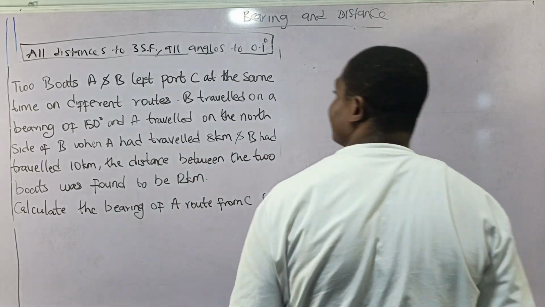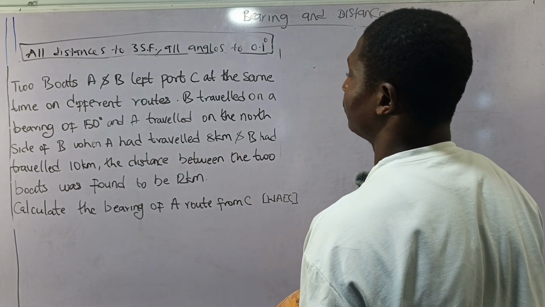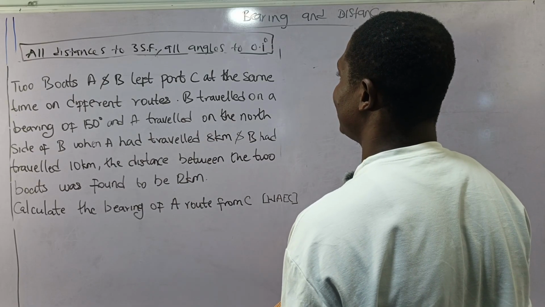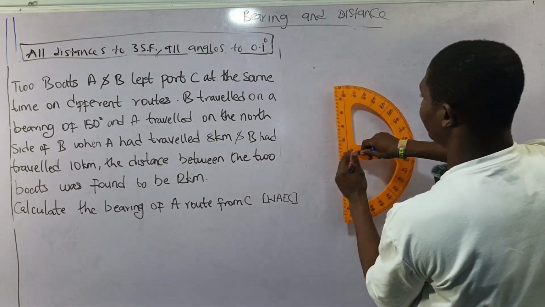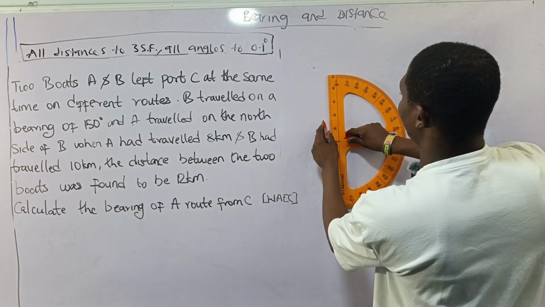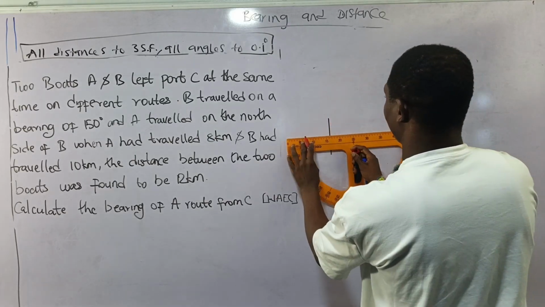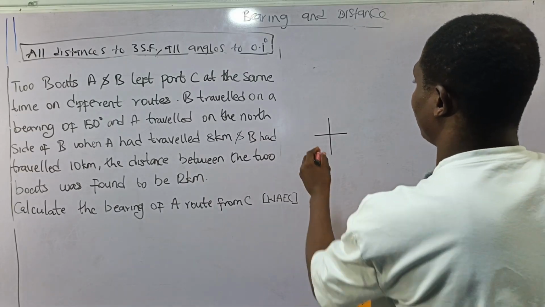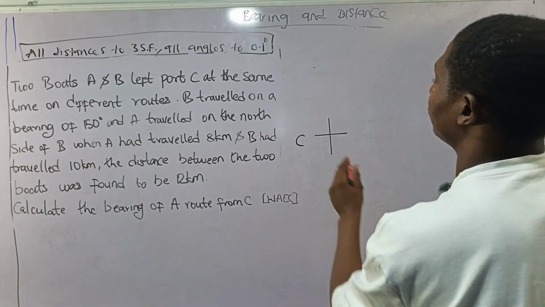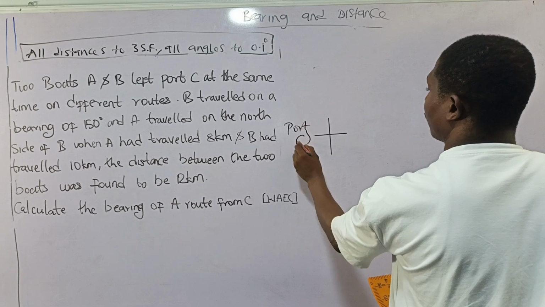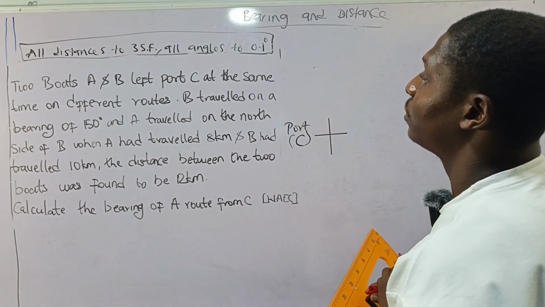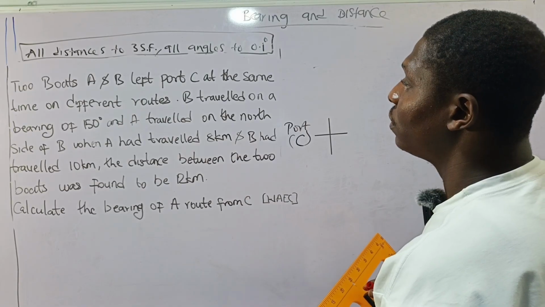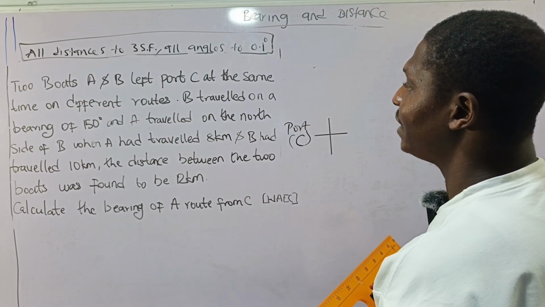Let's start. Two boats A and B left port C. Let me say this is my port C. They said B traveled on a bearing of 150 degrees.